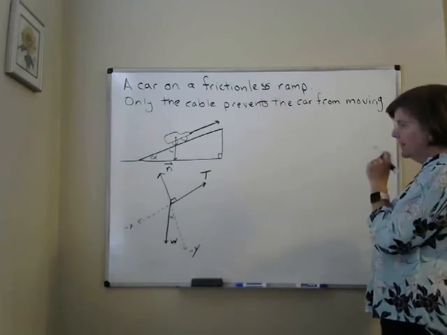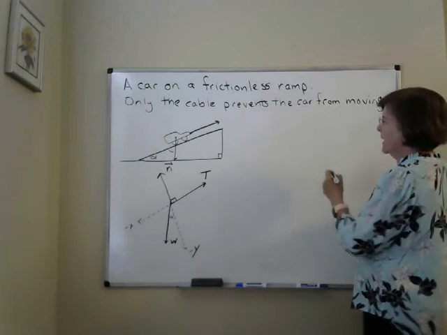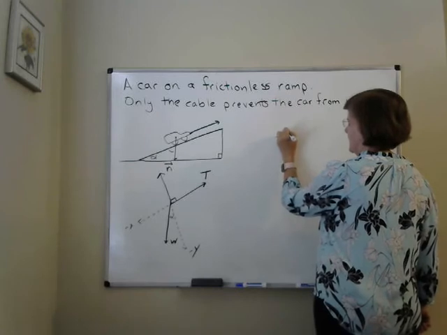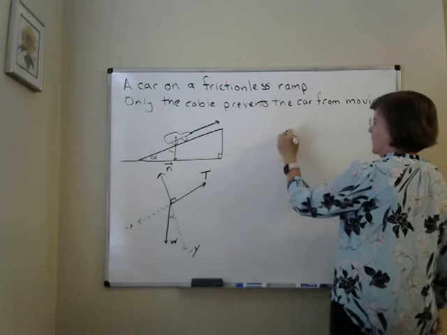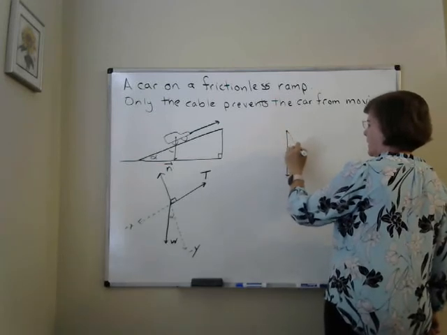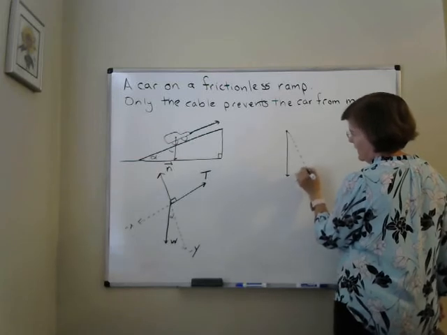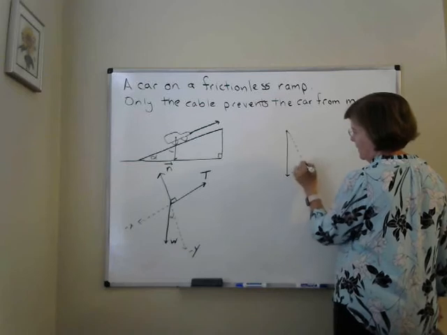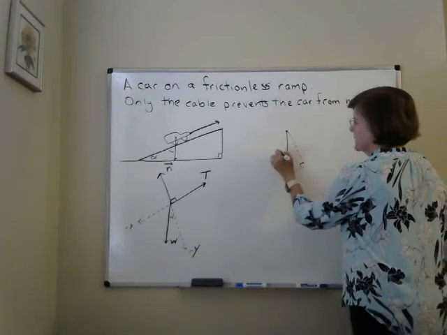All right, I think it will help if I draw a picture. We have a weight hanging straight down. Our y-axis points this way, and our x-axis points this way. There's my right angle. This has two components.